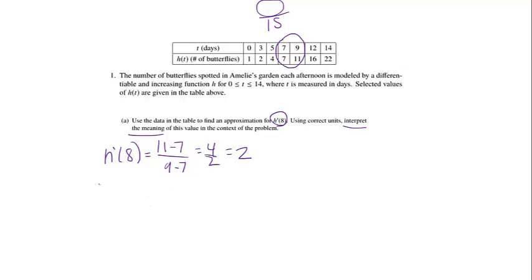Okay, and then it did say to interpret it, we need to have 3 things in our interpretation. First of all, we need to have when. So at t equals 8 days. Okay, what is changing? H is changing, so the number of butterflies. And then I need to decide, is that number increasing or decreasing?